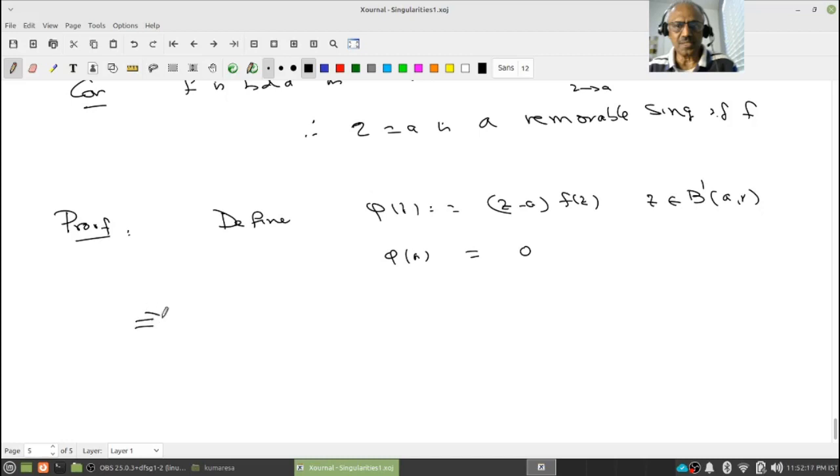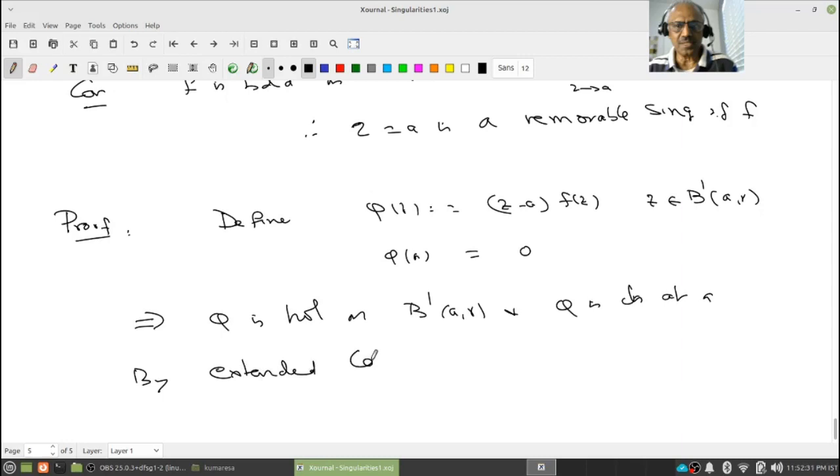This implies phi is holomorphic on B'(a, r) and phi is continuous at a, and therefore by extended Cauchy, phi is holomorphic on B(a, r).